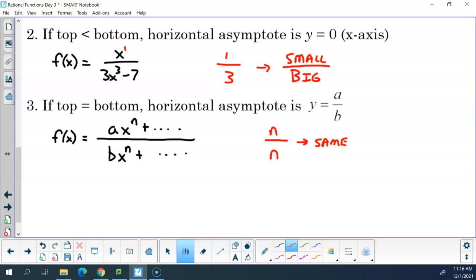And we get those two numbers right here. They are the lead coefficients of the top and the bottom. So if the degrees are the same, the horizontal asymptote is the lead coefficient, top over bottom.